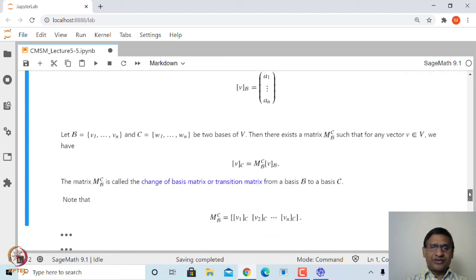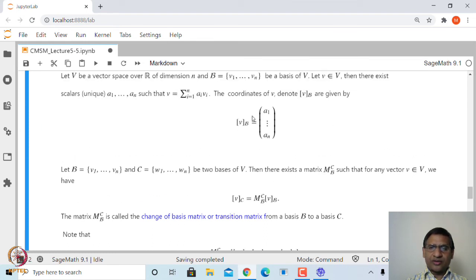And similarly with respect to the basis C, I have these coordinates, let us say V underscore C. One can show that the coordinate of V with respect to B and the coordinate of V with respect to C are related by a matrix, which let me denote by M underscore BC, that is called a change of basis matrix or transition matrix. So V_C is a matrix multiplication with this.